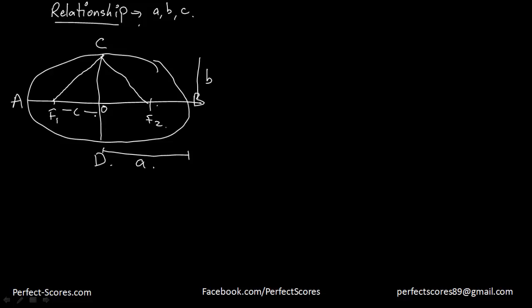So let's suppose I want to talk about two points here, this point C and this point B. I would know that the distance F1C plus the distance F2C is going to be equal to the distance F1B plus the distance F2B, because that is the definition of an ellipse: the sum of distances from that point to the two focus points is always a constant. So they're going to be equal.